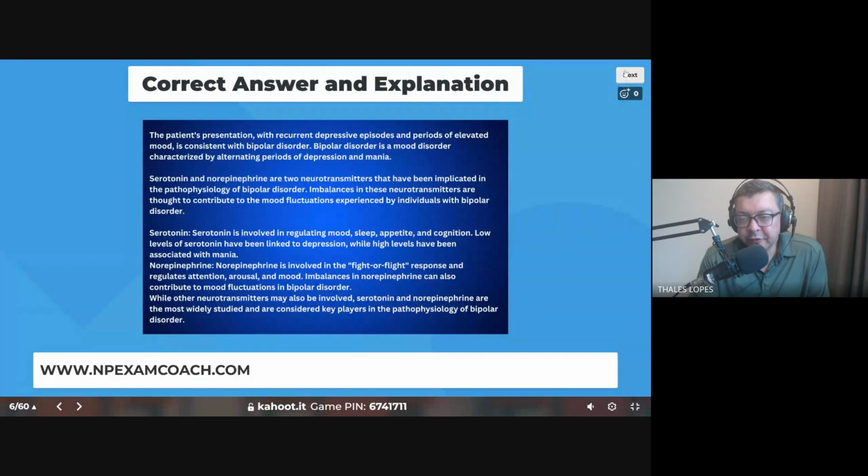There was a lot of confusion here in this question. I get it. Sometimes it's hard to define which ones are the main players, but in reality, all the neurotransmitters are involved. It's not just these two, it's a complete imbalance of all neurotransmitters. However, bigger players, serotonin and norepinephrine.